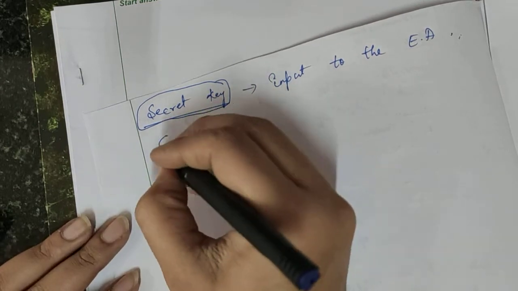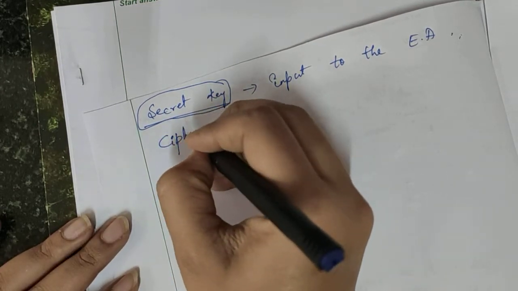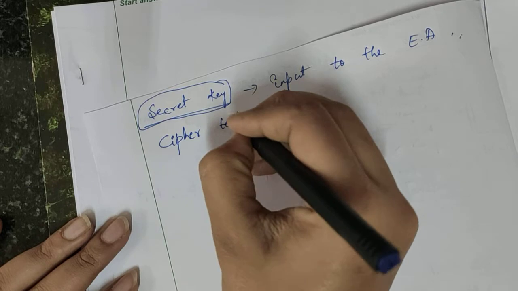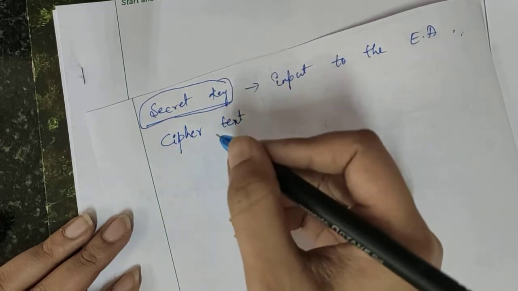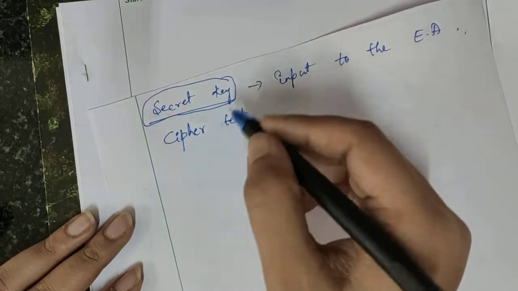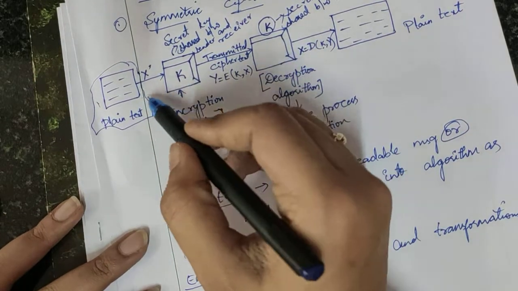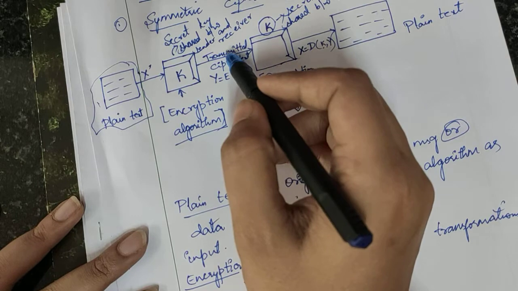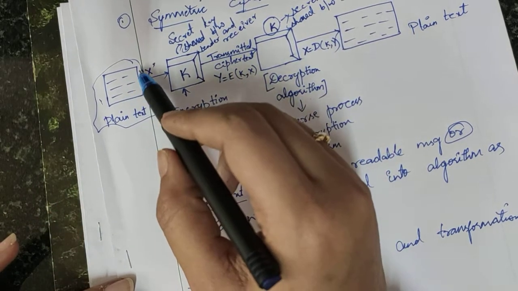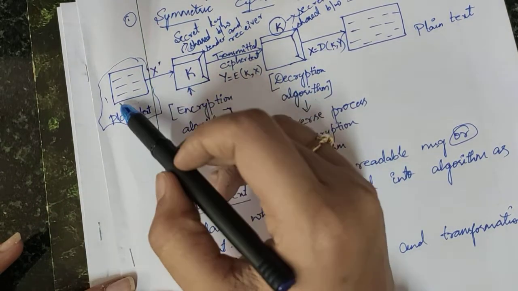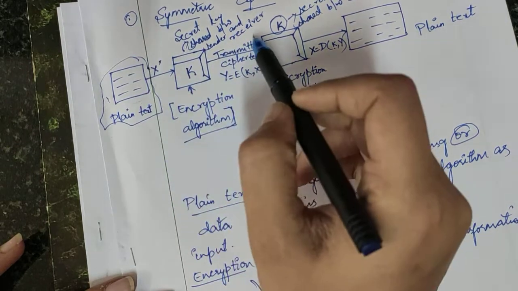The next thing we are having is ciphertext. Ciphertext is nothing but the converted message produced as output from the encryption algorithm. So here, using the secret key, you got some output which is a converted form of your plain text. That is your output, which is nothing but ciphertext.